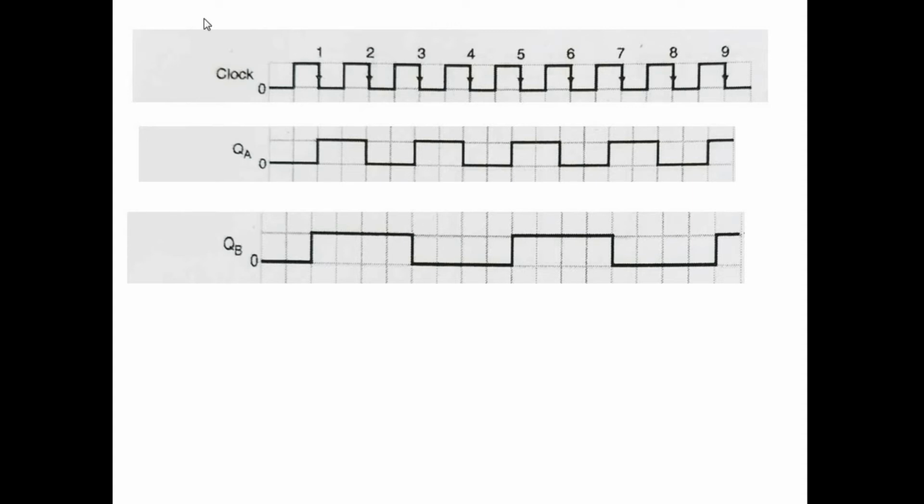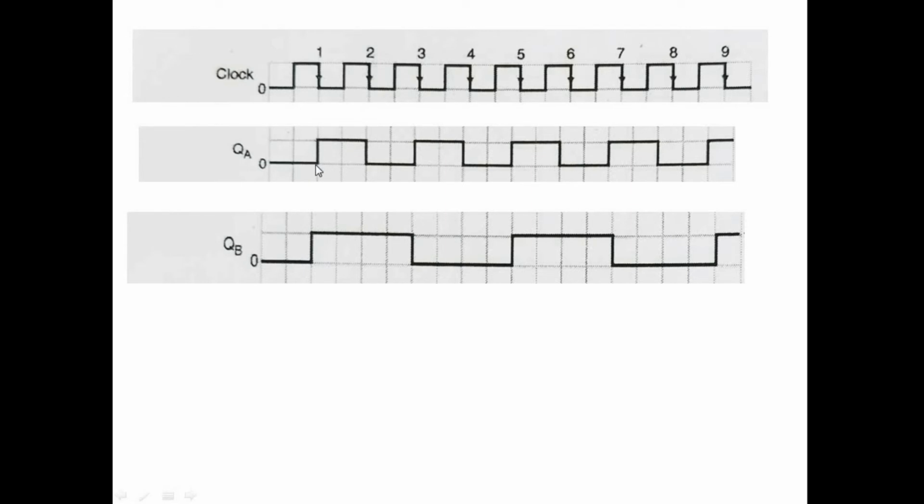Here you can see, for QB, QA will act as the clock input for flip-flop B. So the output of flip-flop B will change its state from low to high when the clock input to flip-flop B goes from low to high.